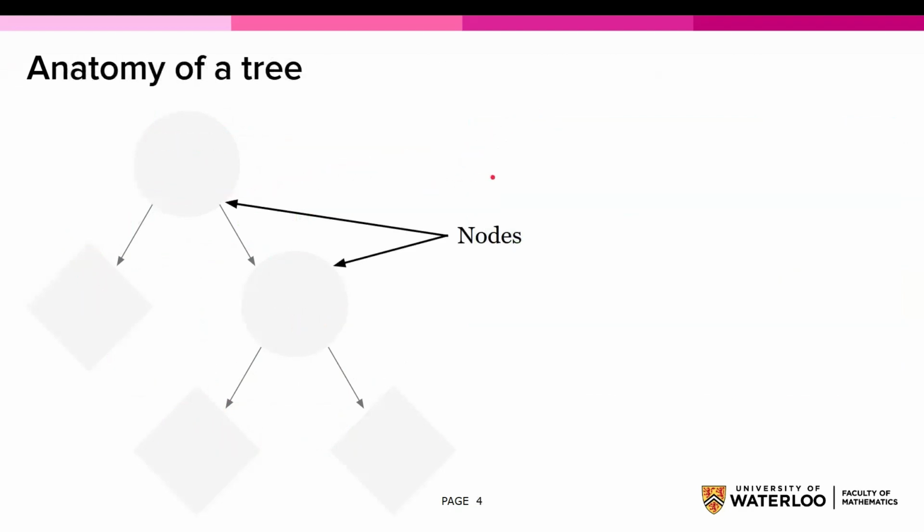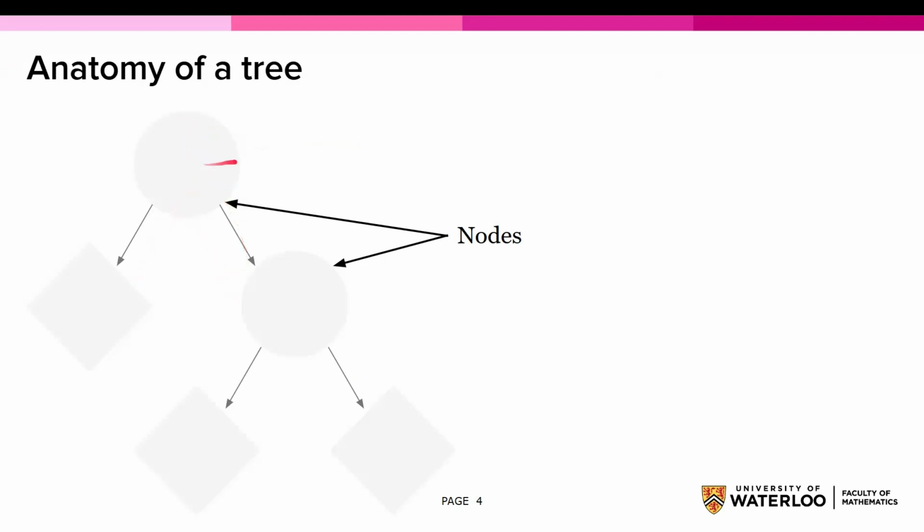Decision trees have a very natural terminology to describe their structure. The root is the starting point of the tree, where the initial decision is based on a specific feature or question, and then it branches into different paths.